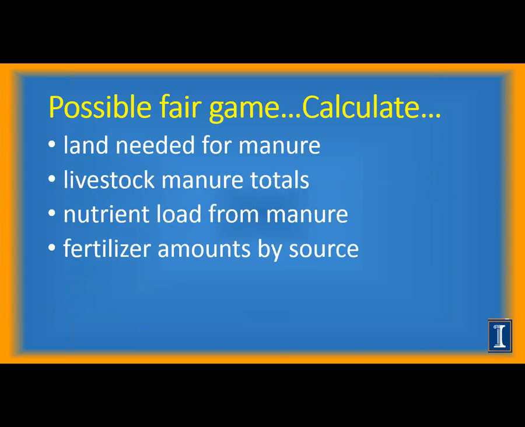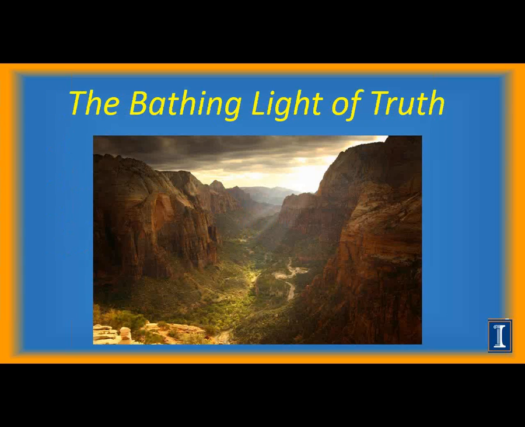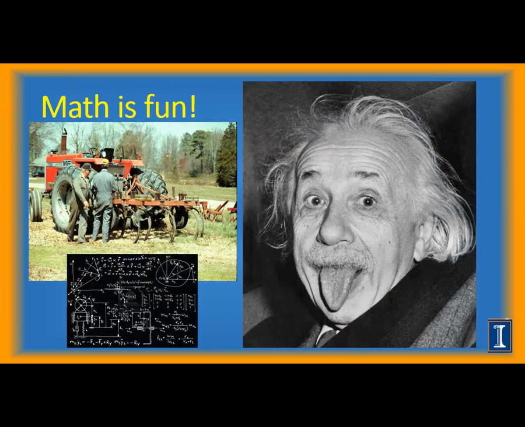I think this has been a topic that's been treated in this exam before. Looking at the livestock manure totals with a livestock operation and the nutrient load that comes with that. And then also, again, fertilizer amount by source. So we're hoping to have this gentle teaching moment here where we're going to march together down this beautiful valley into the bathing light of truth.